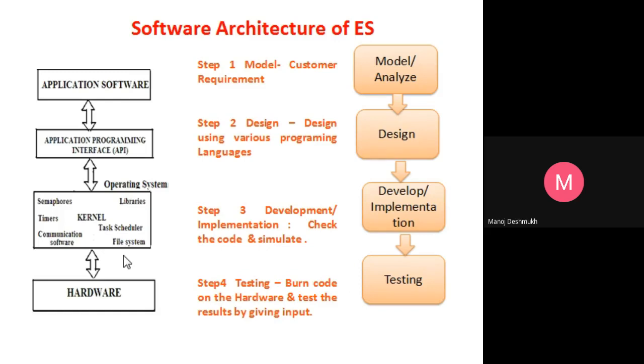What are the requirements given by a customer, and based on that requirement, you have to select your components used in embedded system, either external interfacing components or the components or block sections available in that particular controller itself, that is on chip components.